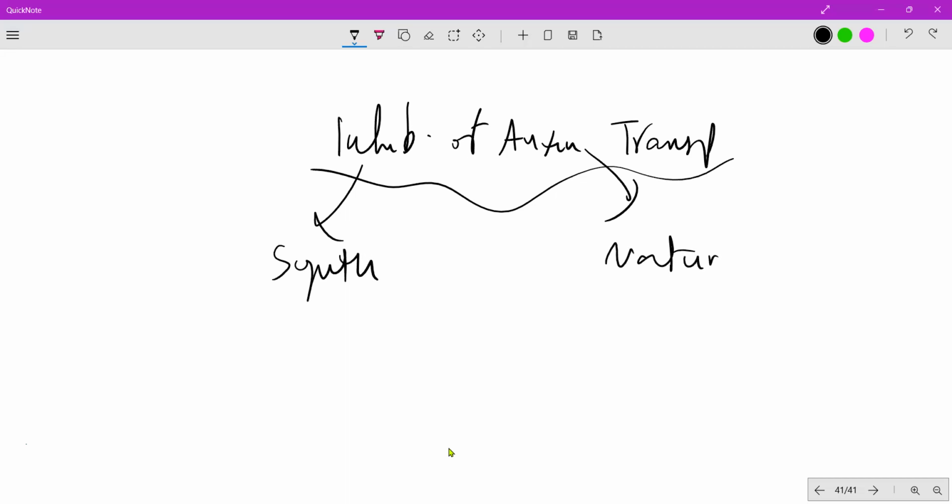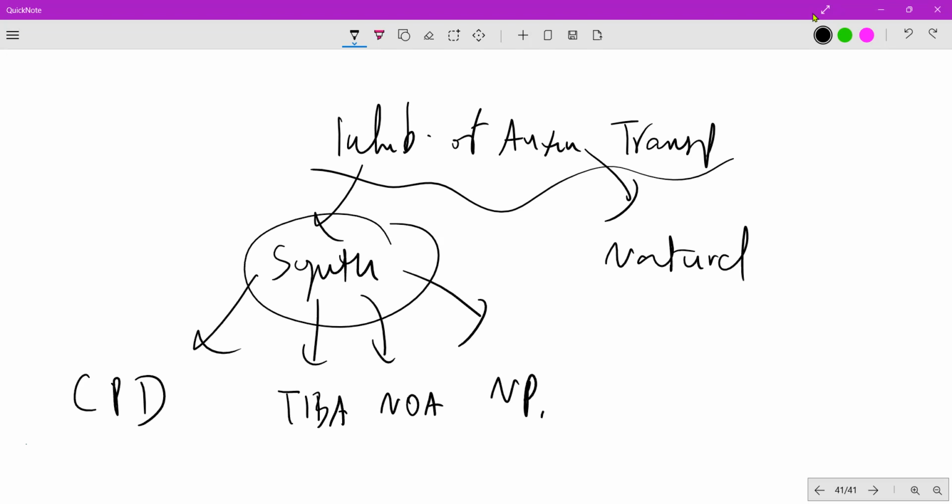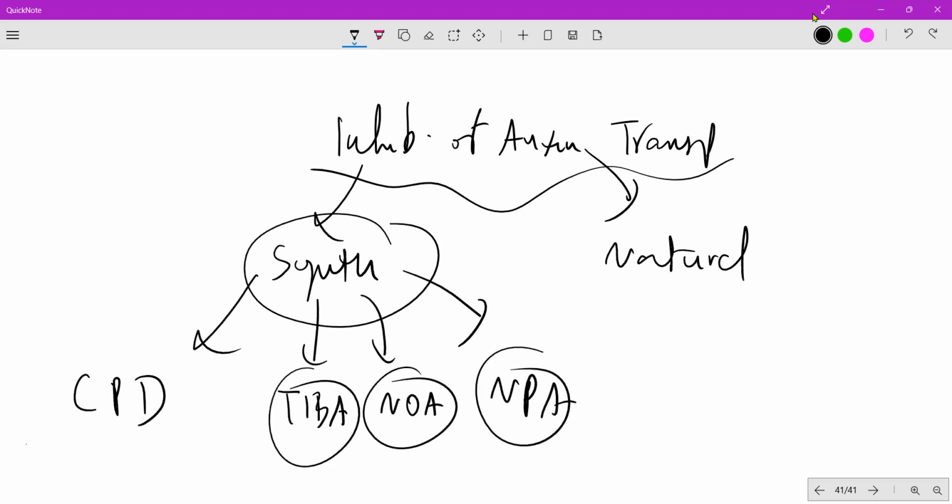Some of the natural compounds are also inhibitors. Let us first see the synthetic compounds. See their short names: one is called CPD, one is called TIBA, one is called NOA, and one is called NPA. All these are inhibitors of auxin transport.